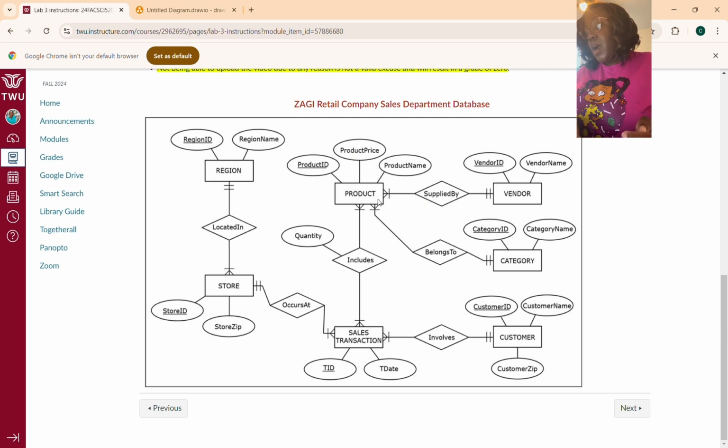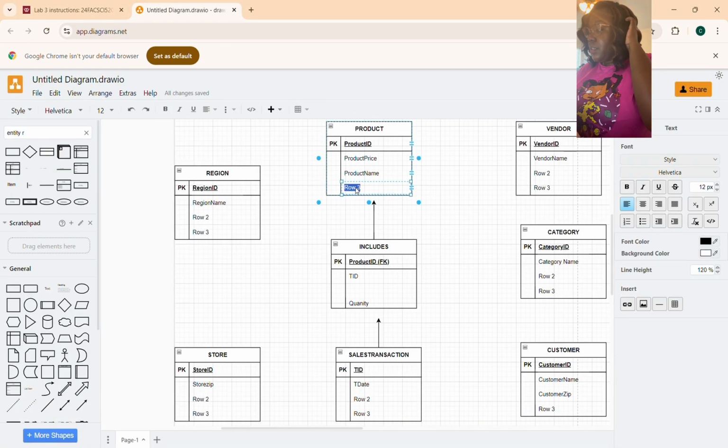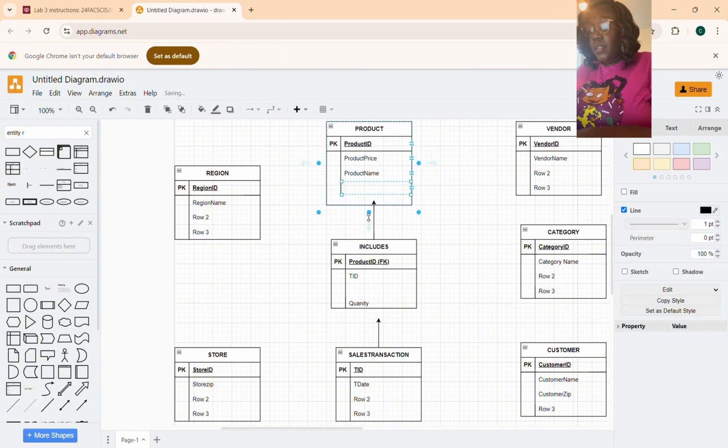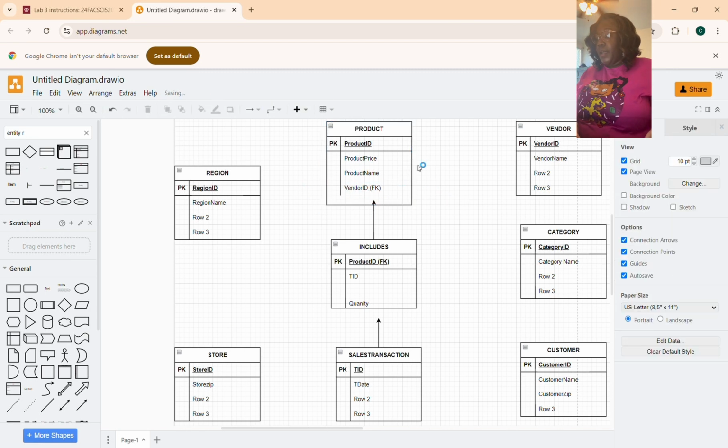So when we go back to product, we are going to add the vendor ID in there. And then we're going to put FK because it's a foreign key, right? So then we can now connect these two together. Now those two are connected, right?